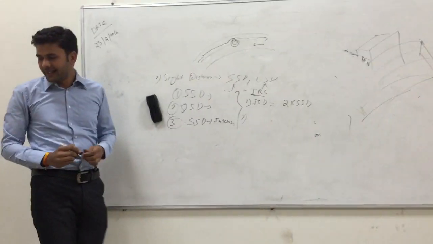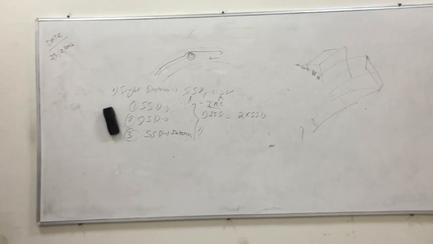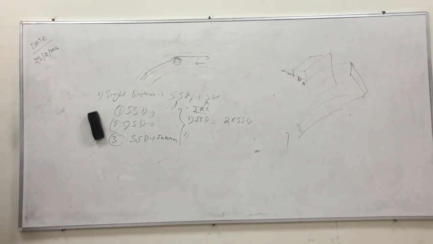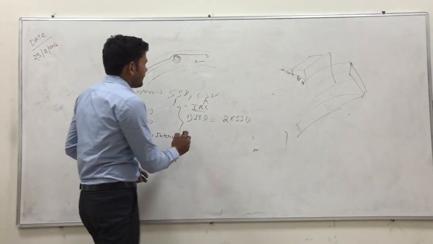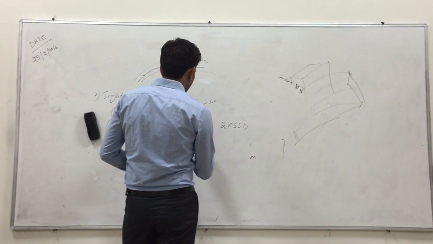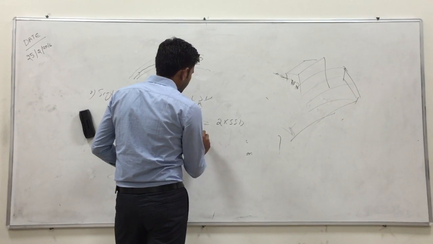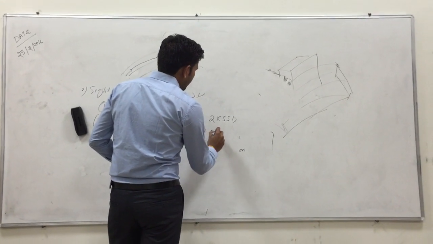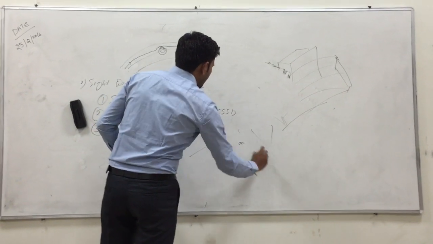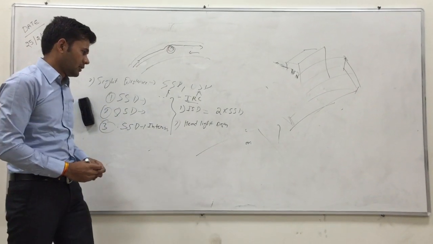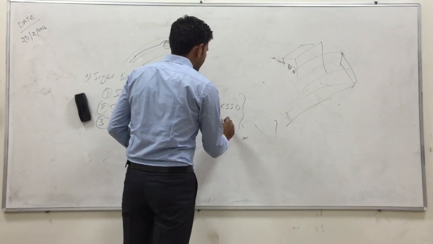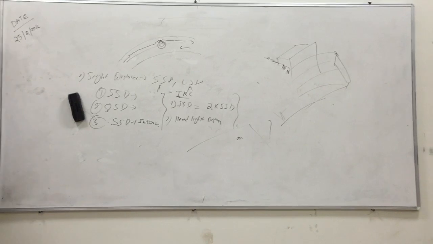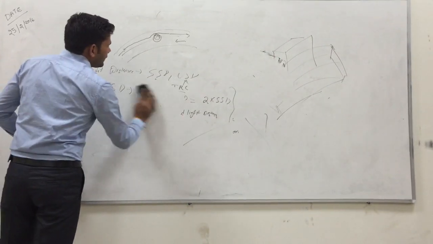Second is the headlight sight distance, a distance visible for the driver during the night, so that there is no accident at night. It is also very critical at the time of upgrading and downgrading. So we will study only the SSD.